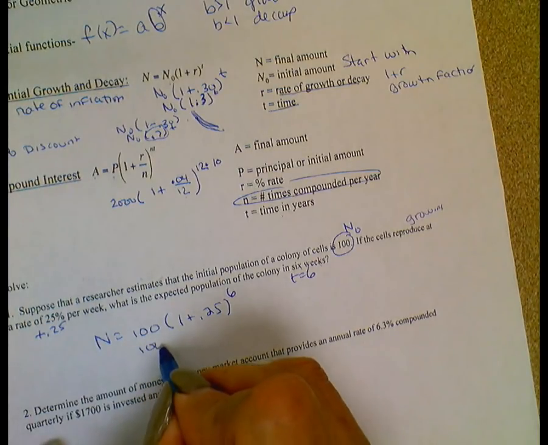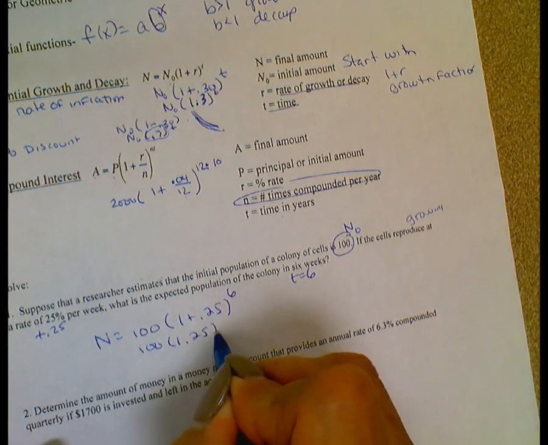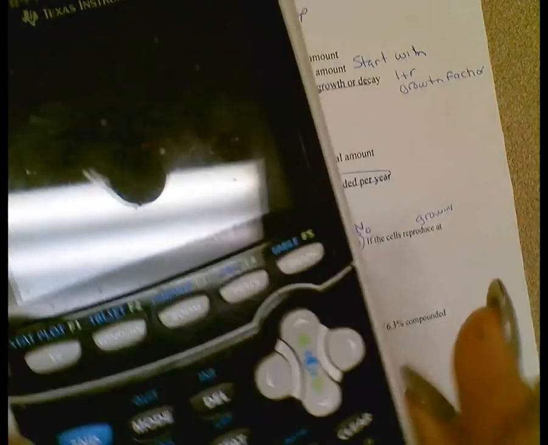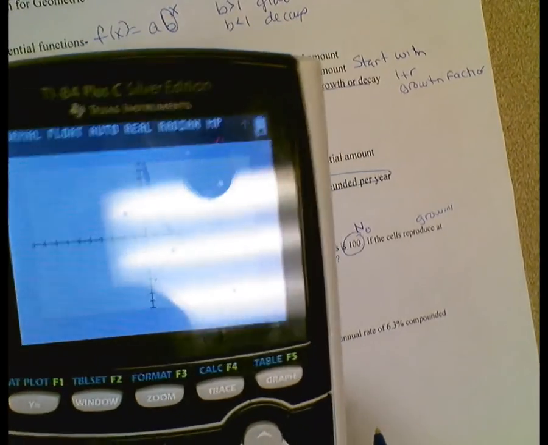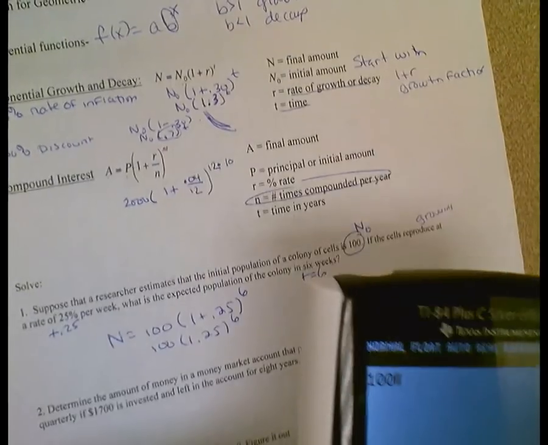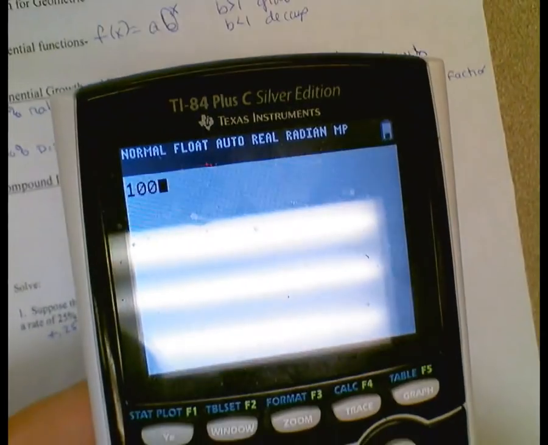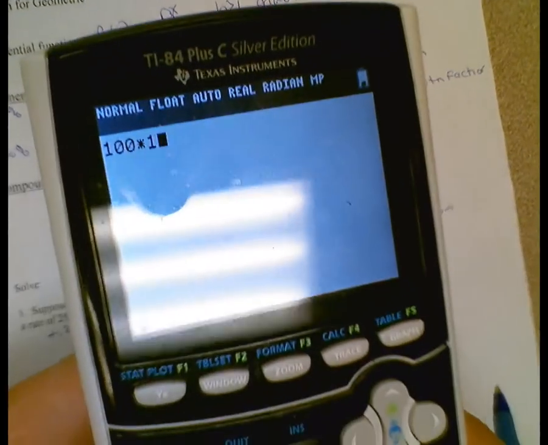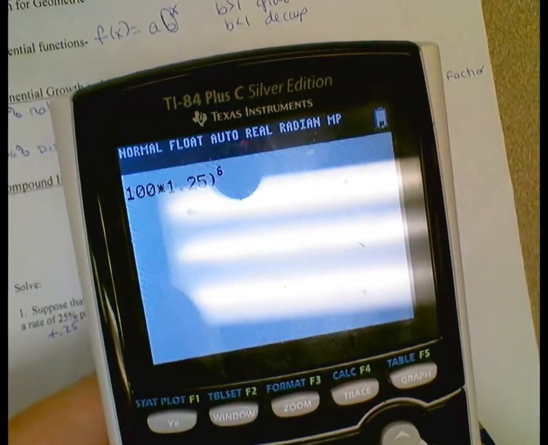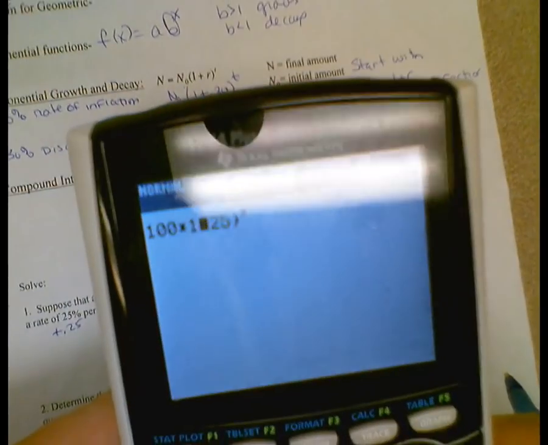So it's 100 times 1.25. You see how that's bigger than 1? So this should be growing. And you just punch it in your calculator. It's pretty simple. So you have 100 times 1.25 raised to the 6th. Oops, I think I forgot a parenthesis here. It's kind of important.